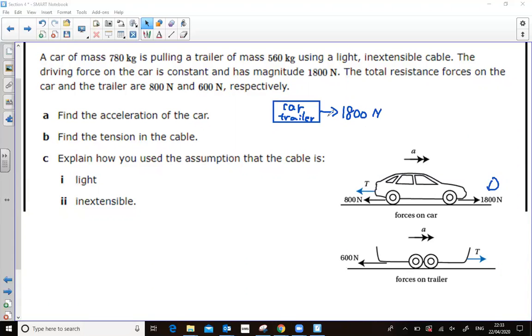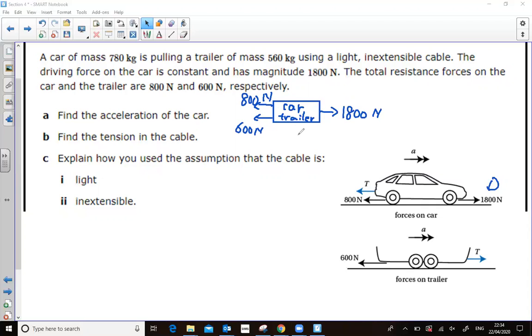What are the forces acting on the car and the trailer for this single particle? Well, we can see that there is a resistance force acting on the car and also another resistance force acting on the trailer. So we have 800 Newton acting towards the left-hand side and 600 Newton also acting towards the left-hand side.